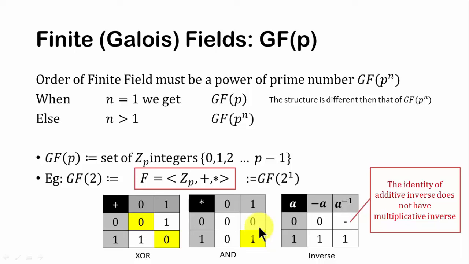The multiplicative inverse of 0 is not possible, because it is a field, and a field clearly says that the identity element of the first operation cannot have an inverse in the second operation. Therefore, this 0 cannot have a multiplicative inverse. 1 has a multiplicative inverse, and that is itself. So this is the most simplistic Galois field that we can have.